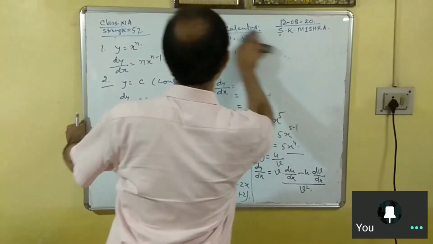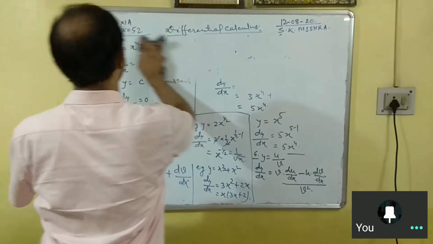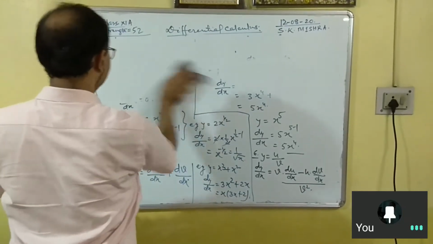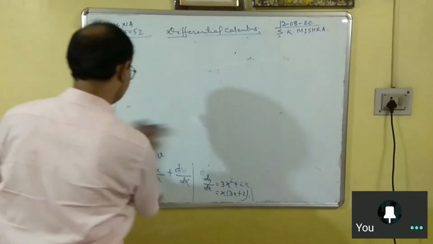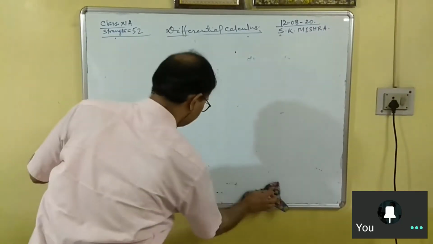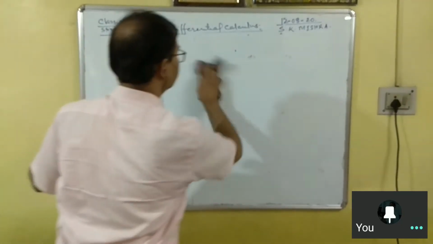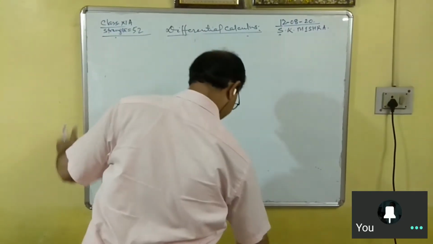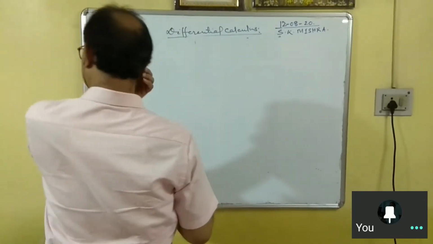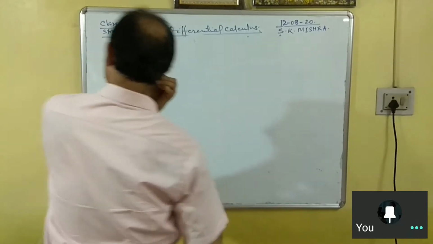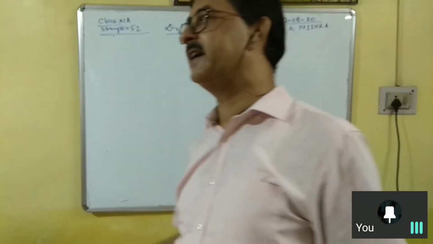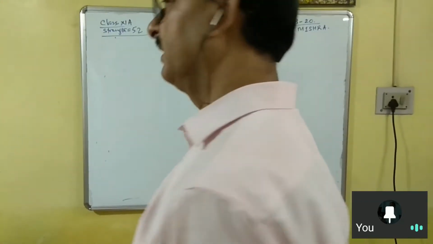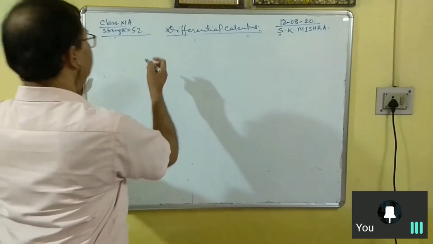Now I am doing some part of velocity. Instantaneous velocity is nothing but dx by dt, or ds by dt, v instantaneous.